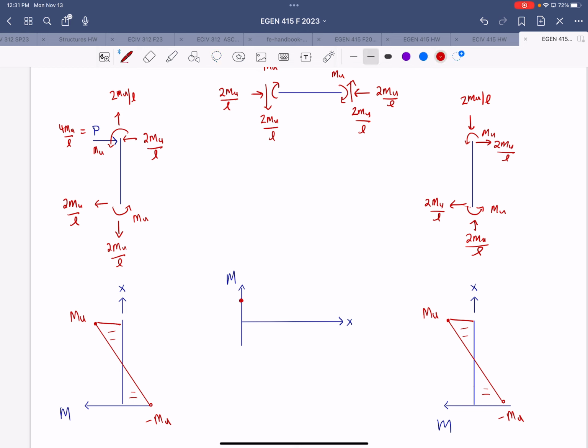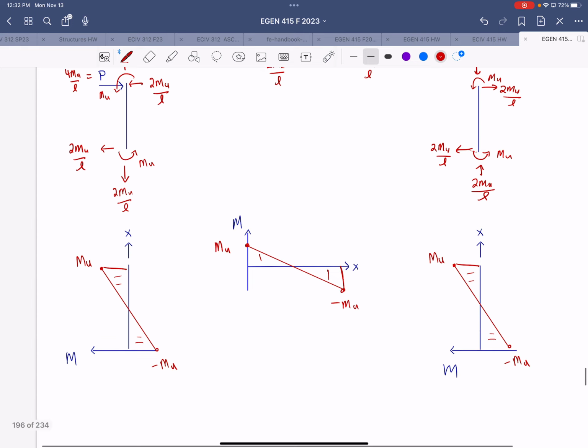And for the beam, we would start with a positive mu and end with a negative mu. And since the moment distribution does not exceed mu at all, then we know we have the exact mechanism.